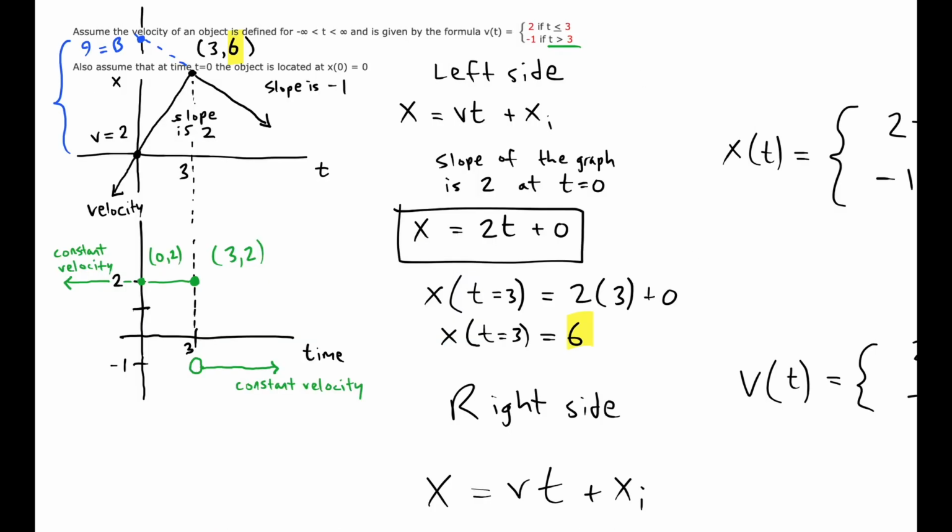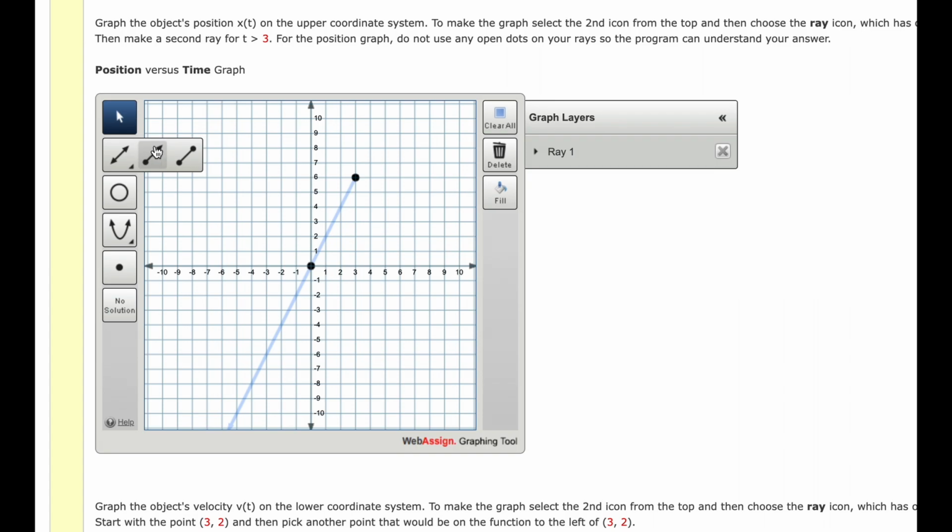Now we need another ray, which terminates at that same location 3, 6, but this one goes to the right and down. So to the right 1 unit and down 1 unit is the slope of it. So click the ray tool again. We can start here at 3, 6, and then just give ourselves a slope of -1.